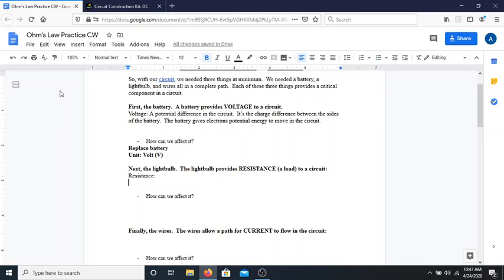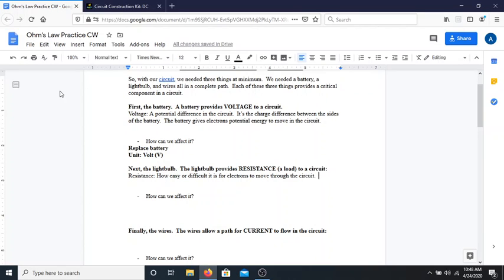Now, the battery provides the push in the circuit, basically. The light bulb, in this case, provides what we refer to as the resistance. And resistance in a circuit is pretty much what you expect it to be. The resistance is how easy or difficult it is for electrons to move through the circuit. And that's literally a physical quantity.